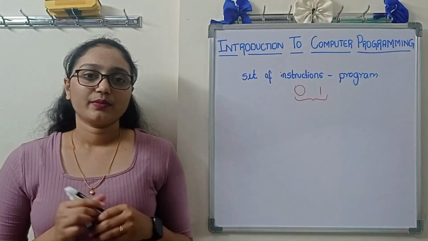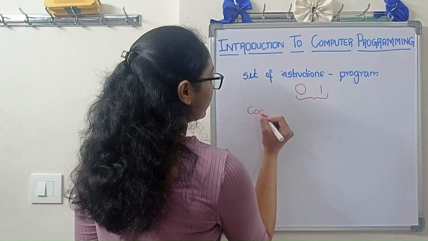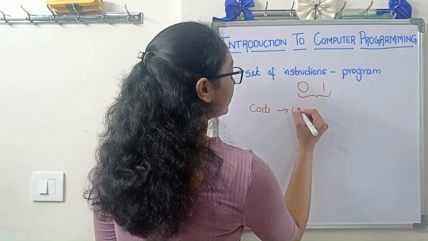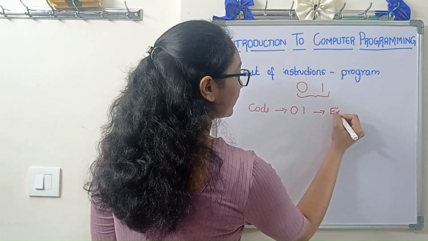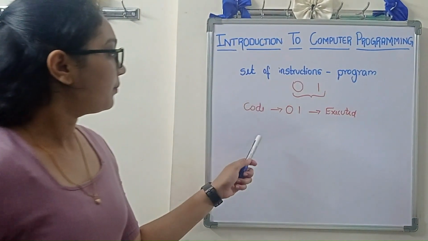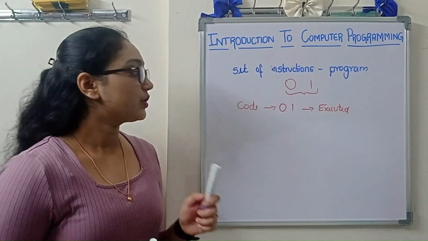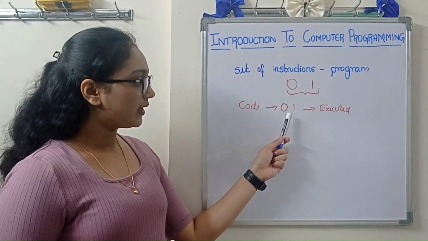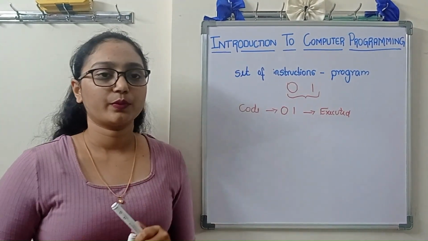For example, this is your code, and it is converted into the form of 0 and 1 and then executed, because the computer cannot understand the coding language which we use. So it should be converted into the binary format, that is 0 and 1, and then it will be executed by the computer and we get the output.